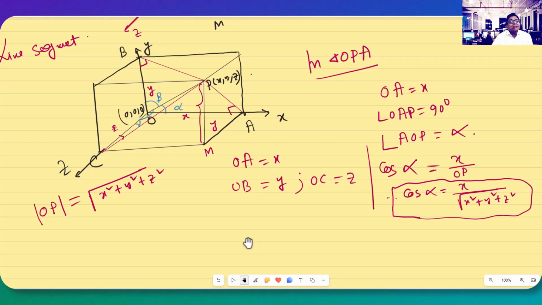Now, in your syllabus, straight lines in 3D are there. You have already studied vectors. I have taken so many sessions with you previously. This OP, we can say, is a vector. This OP, we can say, is part of a line. Line in 3D, line in 2D.